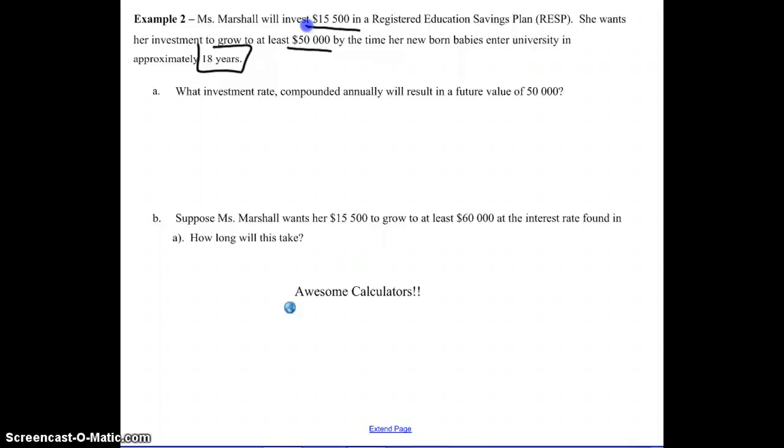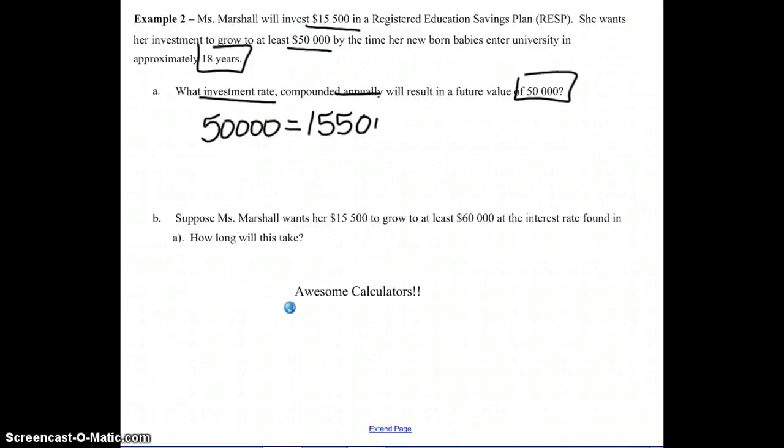What investment rate, compounded annually, will produce a future value of $50,000? So we want this to end up at 50,000. We're originally investing 15,500. Our rate is what's unknown. It's compounded annually. And the time is 18 years times 1 compounding period.